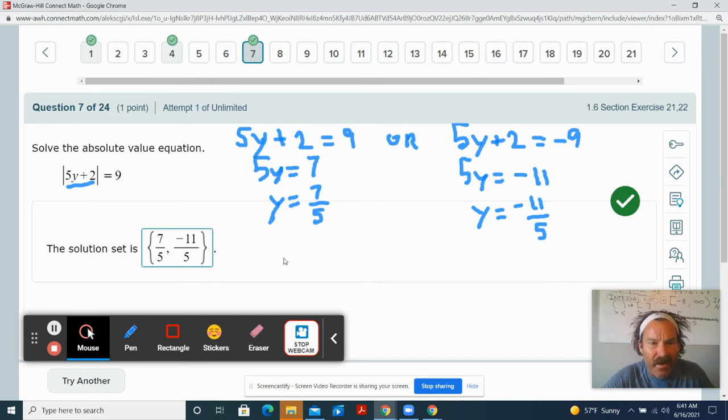Okay, so that's how absolute value equations work. As long as your absolute value is isolated, you can write two separate equations, and you solve both those equations for the variable, and just separate those with a comma.